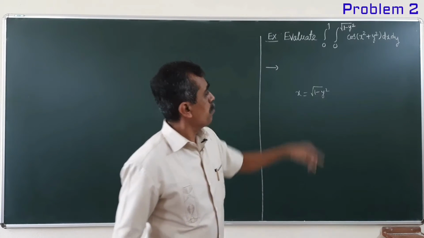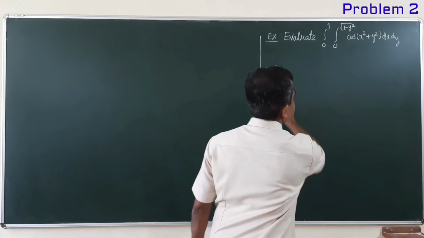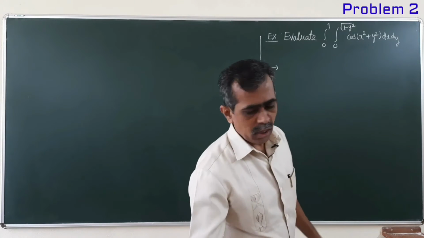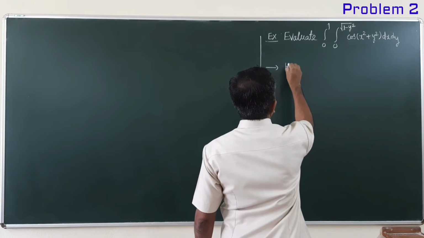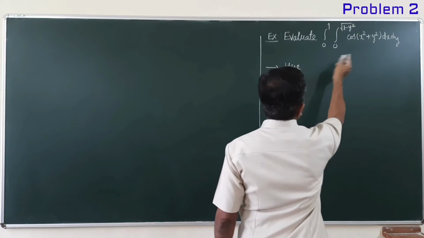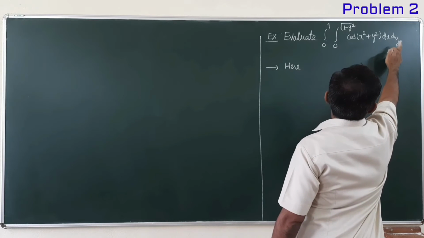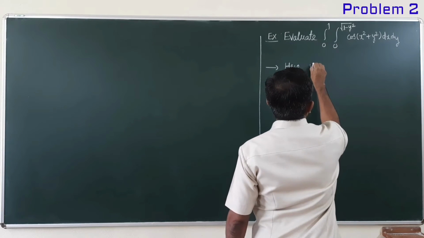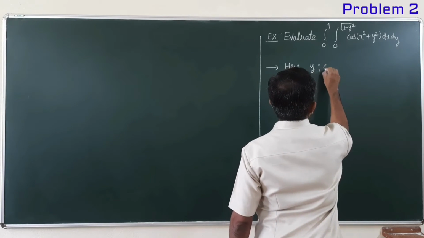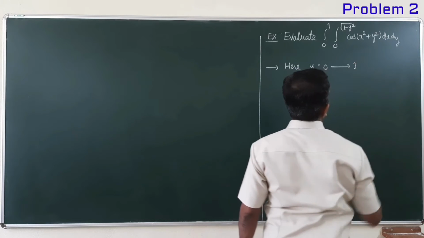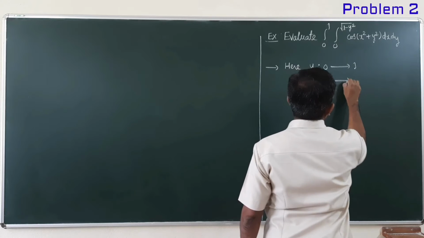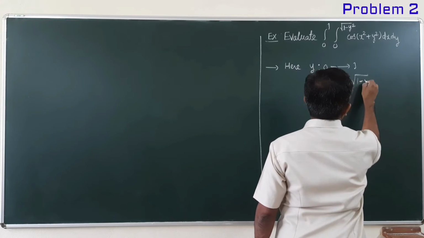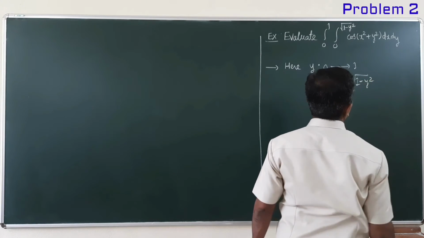Let us first see what the limits are and what the domain of integration is, and we will plot the domain of integration also. Here y runs from 0 to 1, and x runs from 0 to under root 1 minus y square.